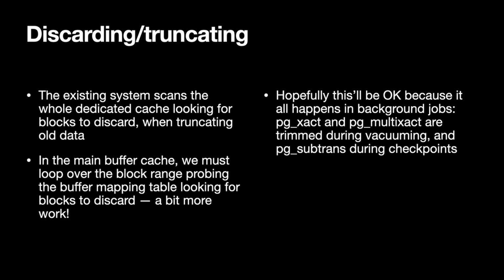Recently we've done a little bit of work so that in some cases we can probe a range of blocks rather than scanning when dropping tables. The same sort of thing applies here, except that in the SLRU case, hopefully in most interesting cases, it's not something that a user is waiting for.